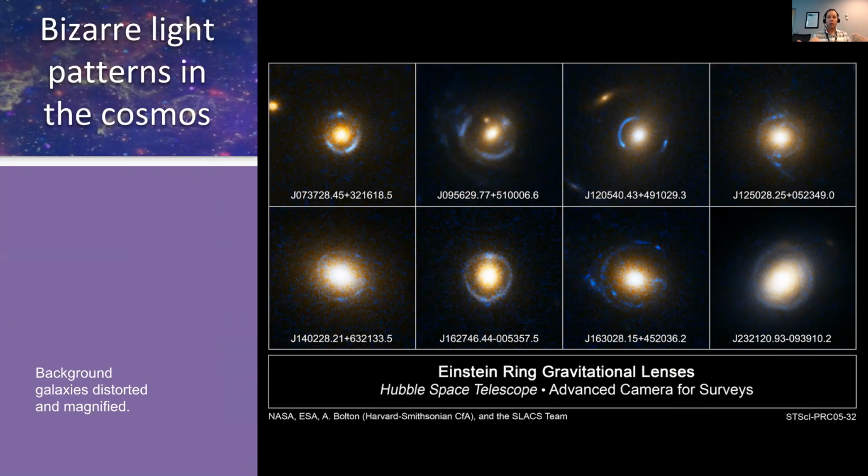And it looks warped when it gets to us. It's almost like a funhouse mirror, right? So you can get these interesting geometric shapes that come from the curved space-time. And I'm going to tell you why that's important in a minute.